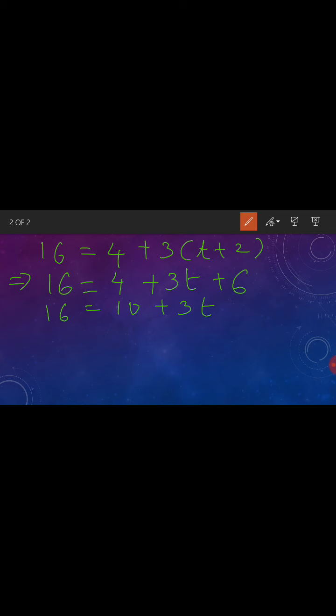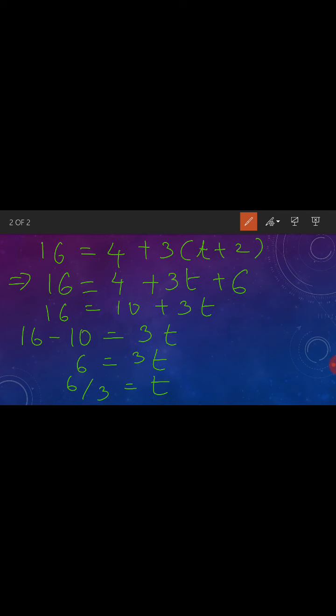Now 10 you will transpose this side, LHS, so it will be 16 minus 10. 10 is having no sign, means plus. So we know the rule. In last video we have seen 3t. Now 16 minus 10, 6. 6 equals to 3t. So 6 divided by 3 equals to t.